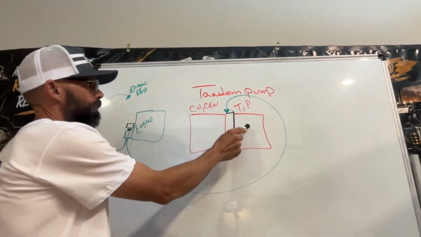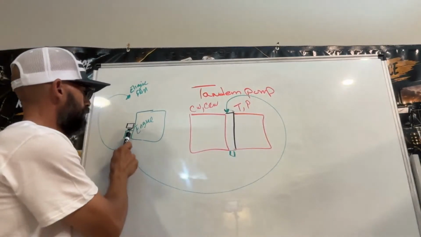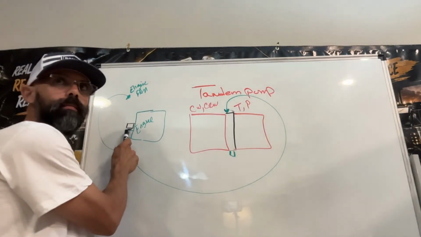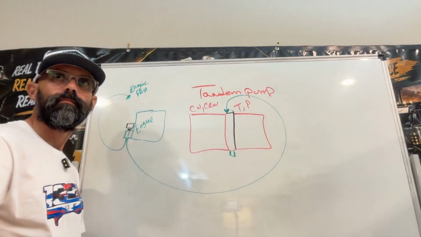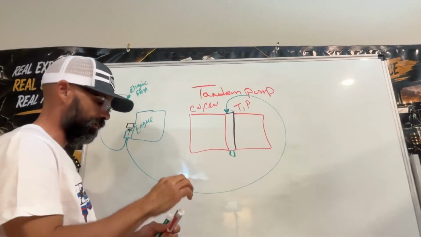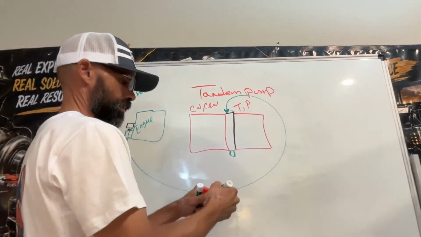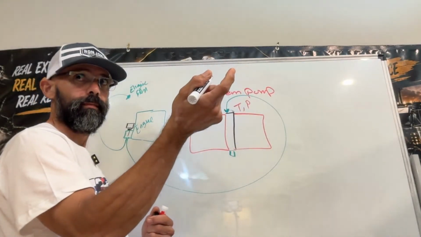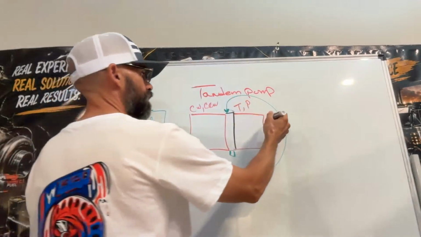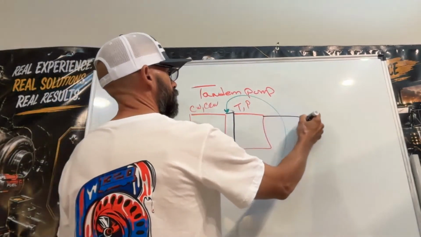So this tandem pump relies on this small pump for charge pressure, because attached to this pump on a 2330, you have another pump.